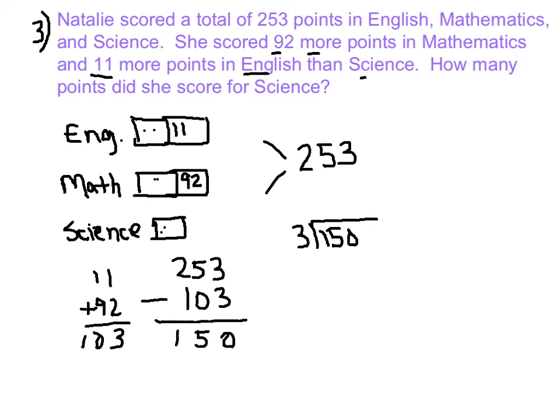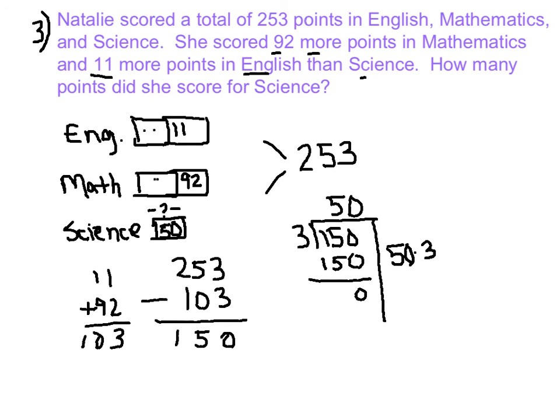I know that 3 times 5 is 15, so that would be the 15 tens. So I'm going to start with 5 groups of 50 groups of 3. And that's the 150. So it would be 50 groups of 3. So there's 50 in the smaller boxes. So Natalie, my friend, scored, oops, I forgot to do my question mark. Natalie scored 50 points in science.